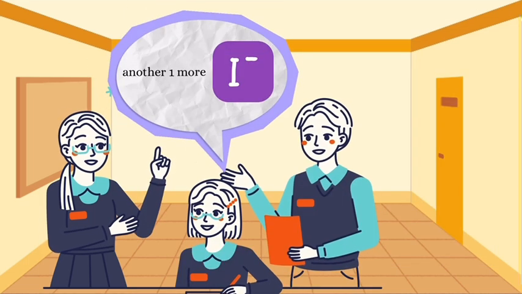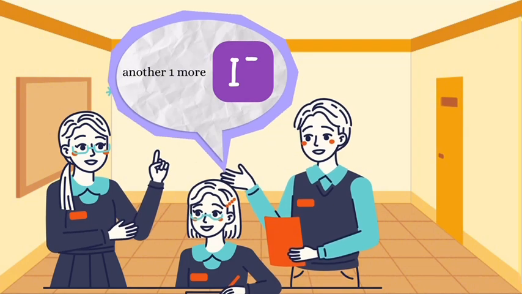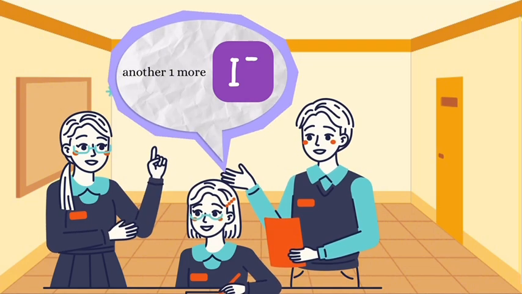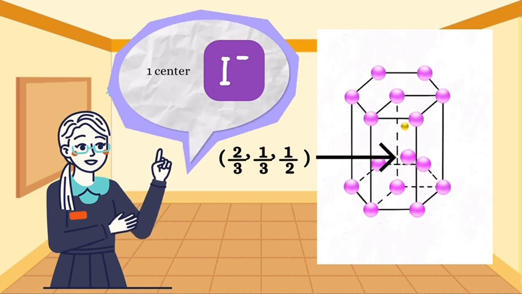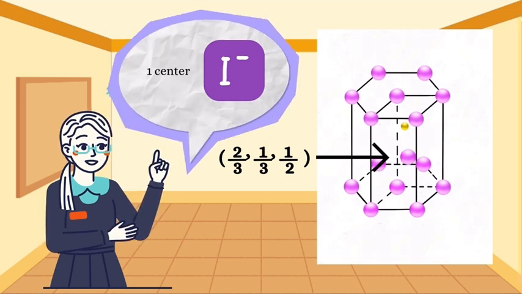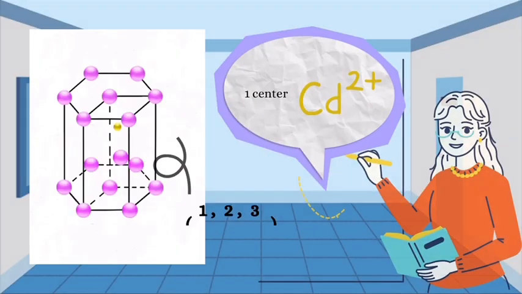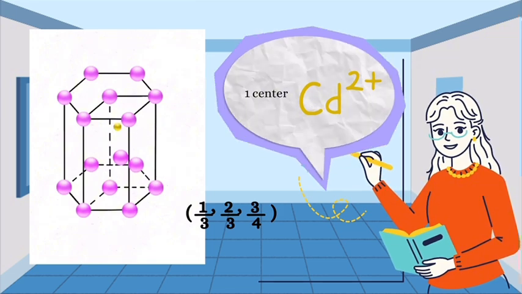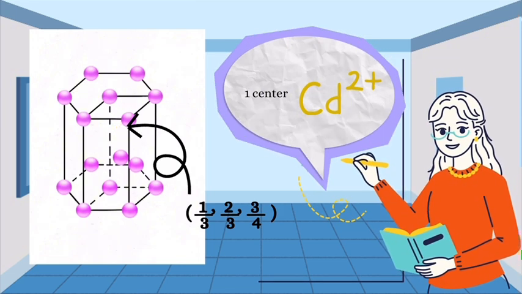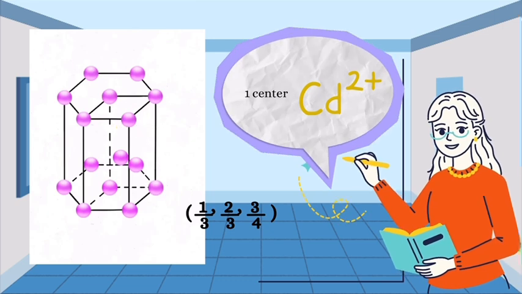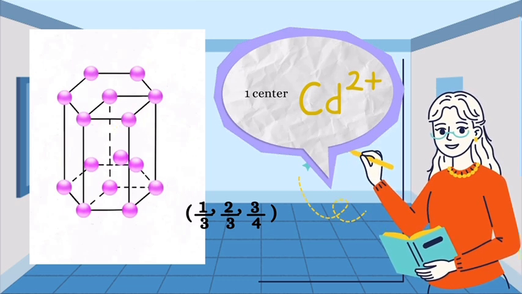Additional to that, there is one more iodide ion residing at the center of this unit cell, specifically at the coordinate of 2/3, 1/3, 1/2. As for the cadmium ions, there is only one located at the center of this unit cell. The coordinate is 1/3, 2/3, 3/4.